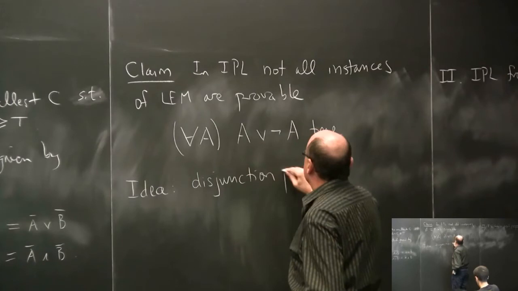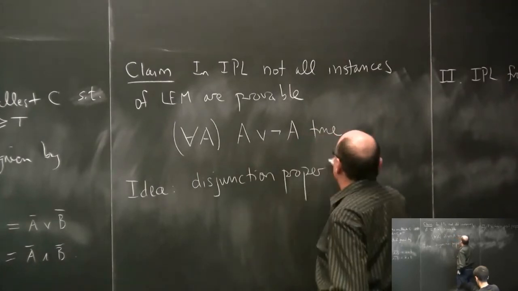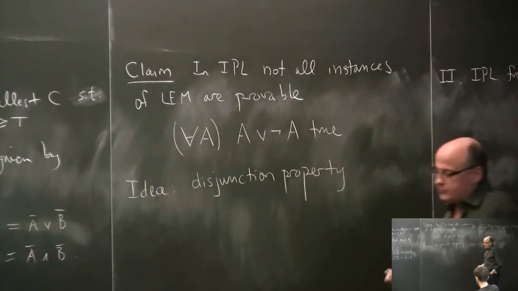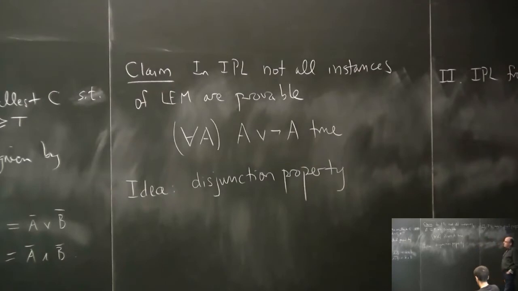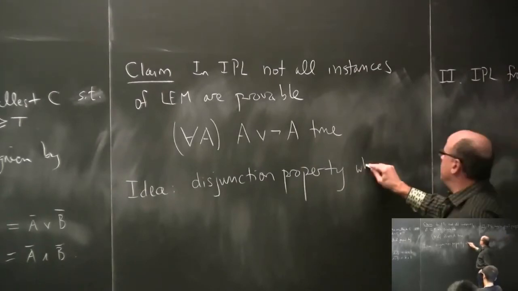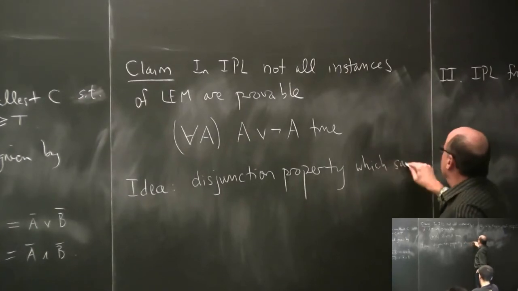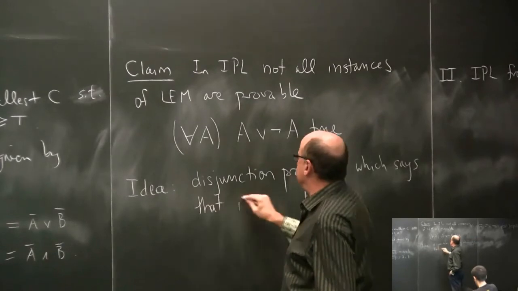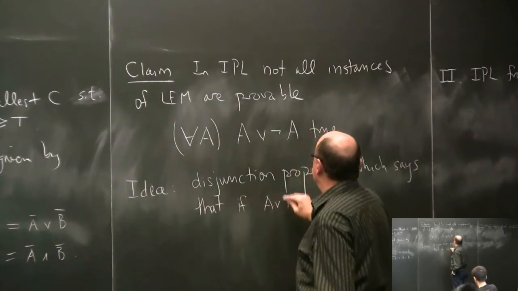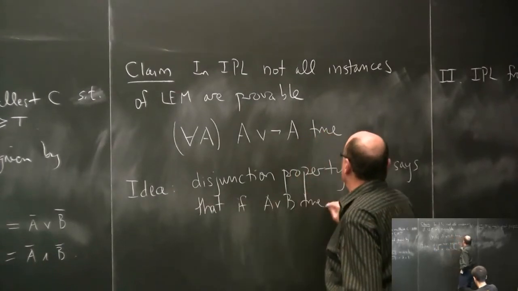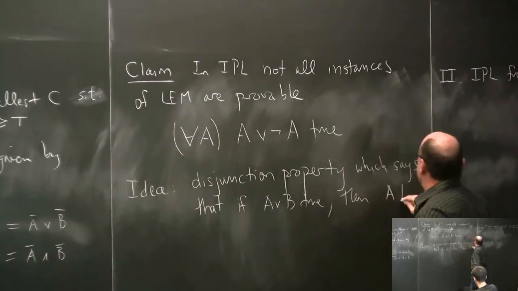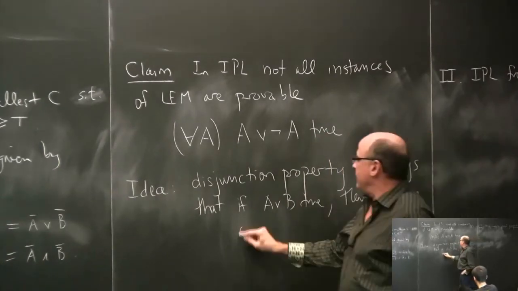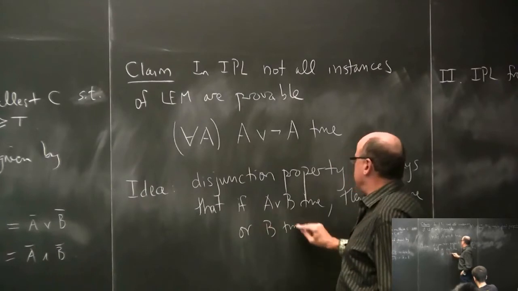That's what I'm actually going to discuss now, and it will be a useful thing to motivate this. The disjunction property says that if you can show A or B is true, then it can only be by virtue of the fact that you've shown A is true or B is true.